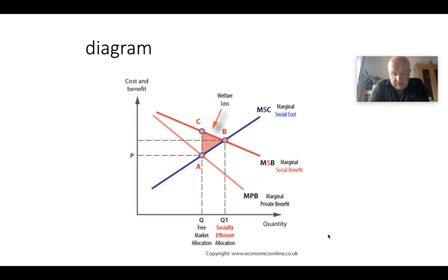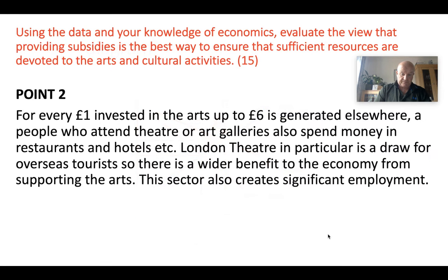That would be our equilibrium point, but we're saying that the marginal social benefit is significantly higher, and the marginal social cost is significantly higher at this socially efficient allocation point. So again, that's something that we could use to support the argument that we're just talking about.